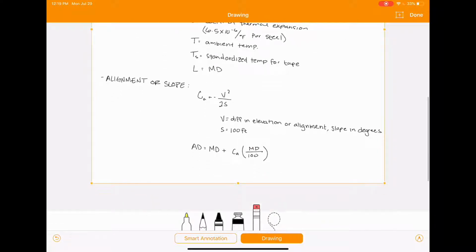Finally, the last correction we're going to look at is for alignment or slope. That is equal to negative V squared over 2S. And so CA is always, always, always going to be negative.